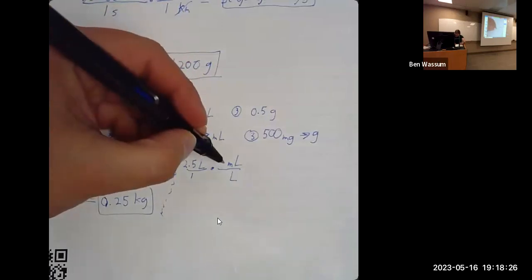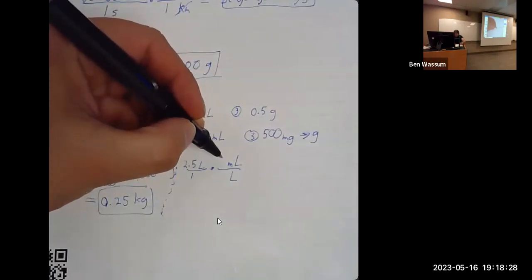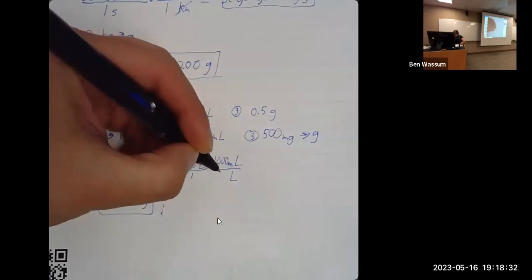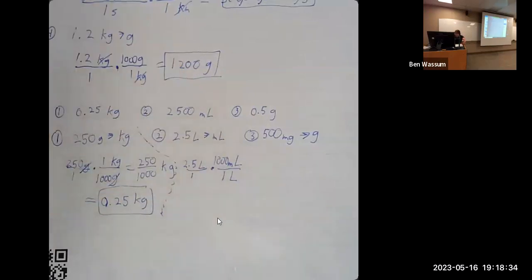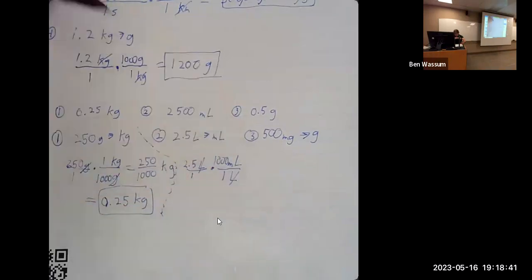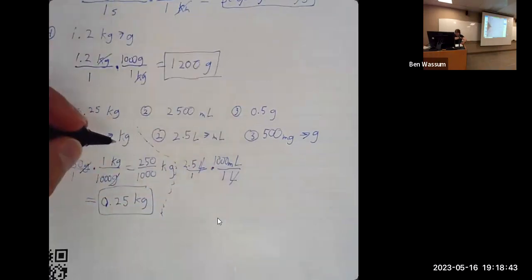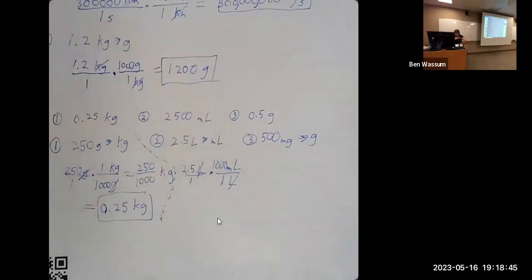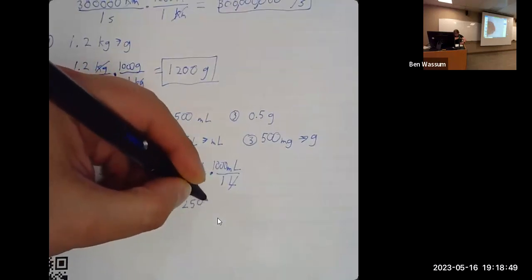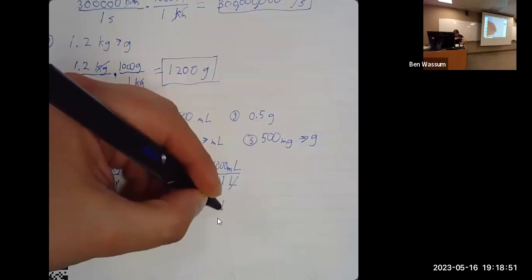Now, milli is 1,000th, right? So there are 1,000 milliliters for every liter. So the liters would cancel out. You'd multiply straight across, 2.5 times 1,000, 2,500 milliliters.